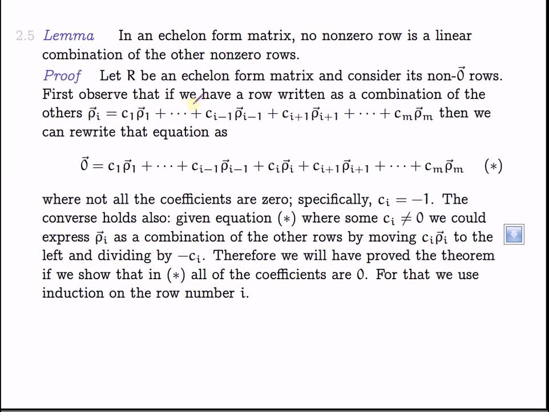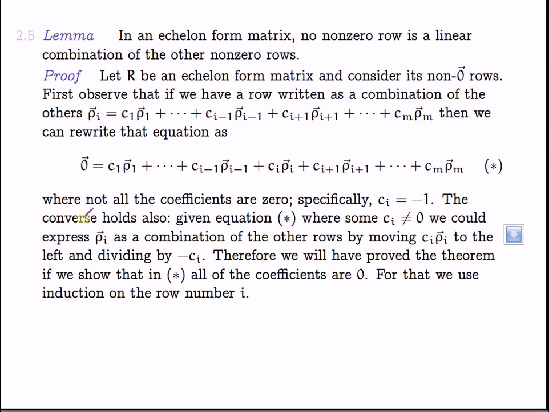All right, so let R be an echelon form matrix. Consider the picture that I just drew, and consider its non-zero rows. First observe, if we have a row, row I, written as a linear combination of the others, then we can rewrite the equation as follows. We can put the row I over here together with the others. So here we have a linear combination of all the rows equal to 0.